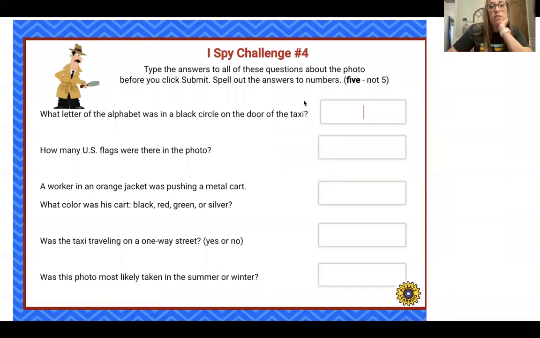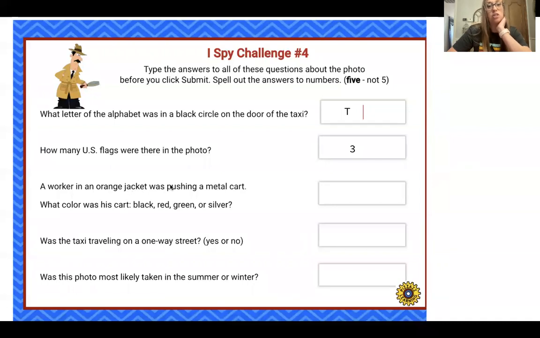So going over the questions, what letter of the alphabet was in the black circle on the door of the taxi? T, because I remember saying T for taxi. How many US flags were there in the photo? Well, I remember noticing the flags because I figured it was in America because of them. I believe there were 3.